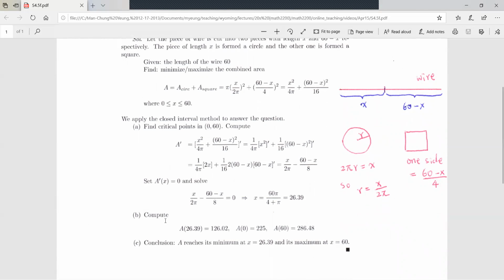Compute function values at the critical point and also at the two endpoints. Function is here. This is the function.